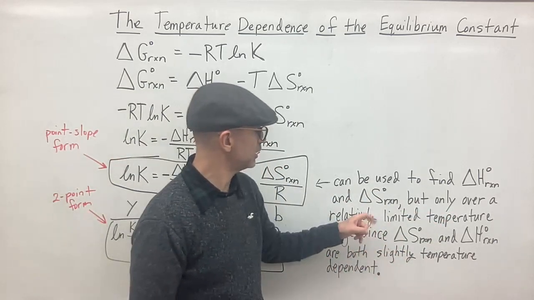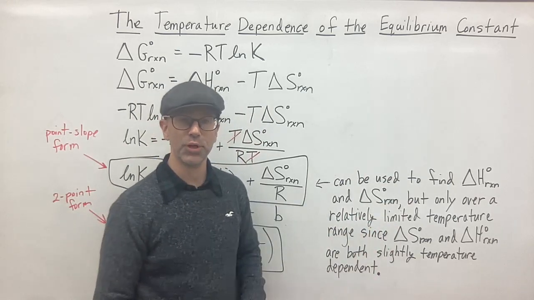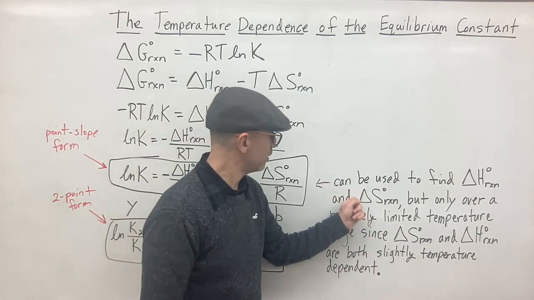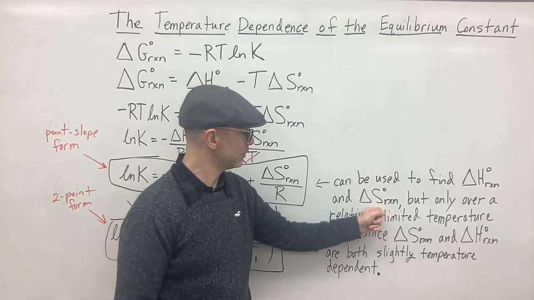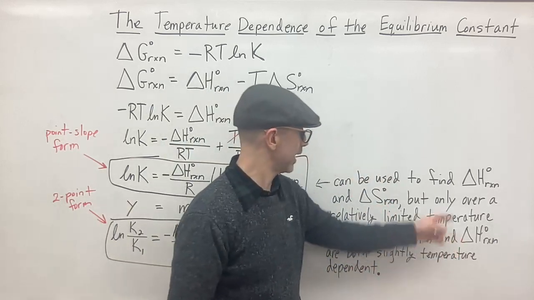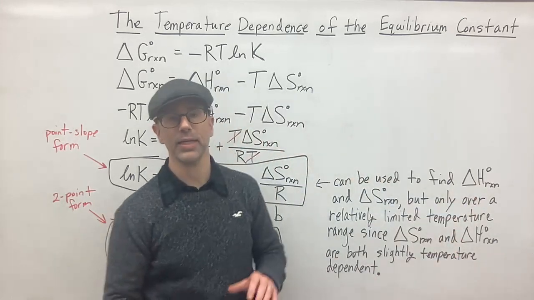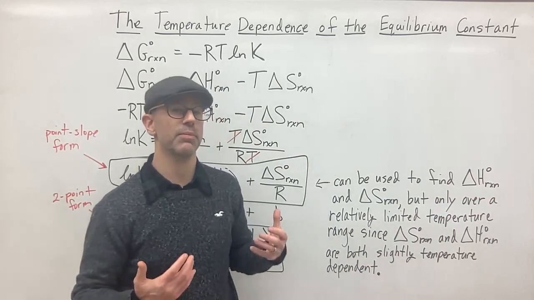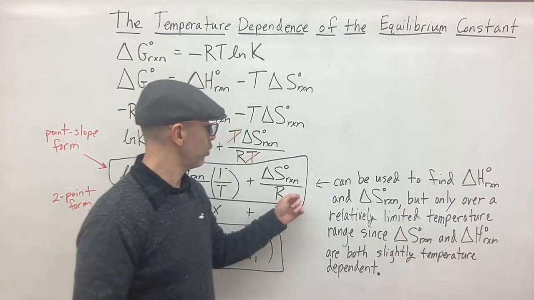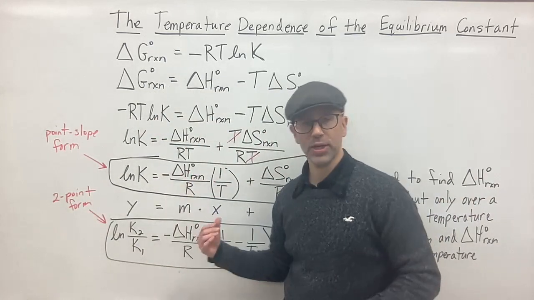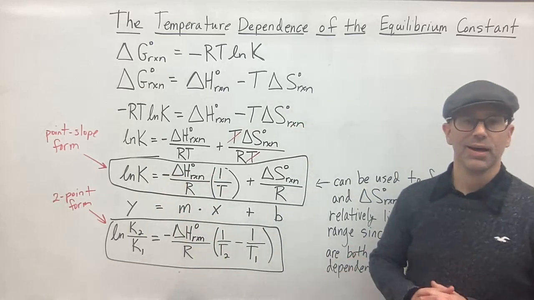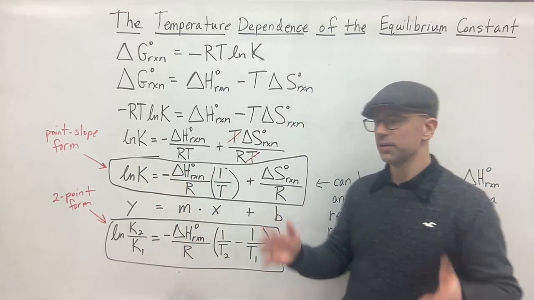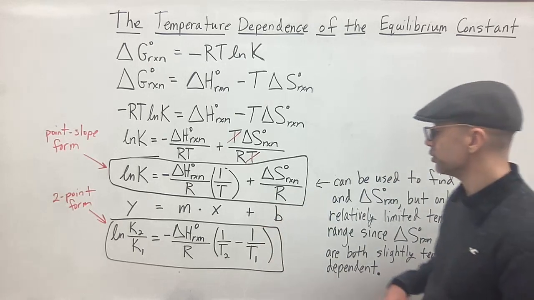The reason for that is because, as we saw in a previous video, the delta S of the reaction and the delta H are both slightly temperature dependent themselves. So we can only use this equation over, again, a slightly limited range of temperatures.